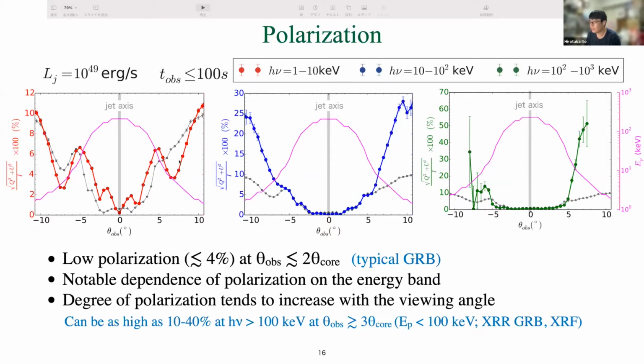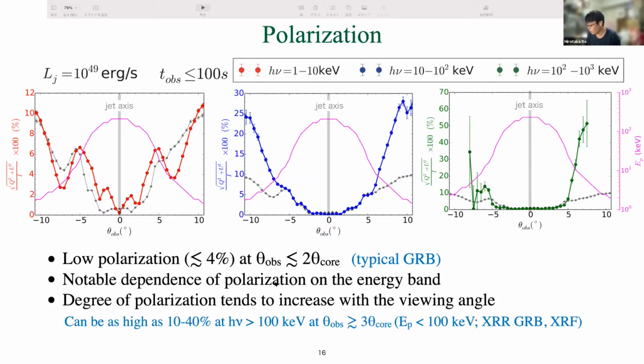the polarization degree tends to increase with the viewing angle. And also regarding the energy dependence, the higher energy tends to show higher polarization. So it can be as high as 30 or 40% at most at the highest energies.